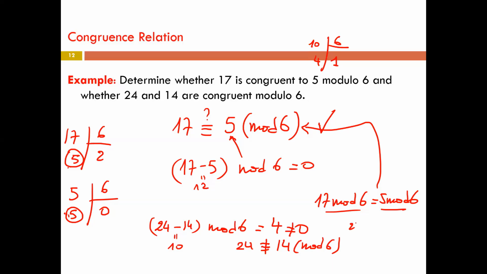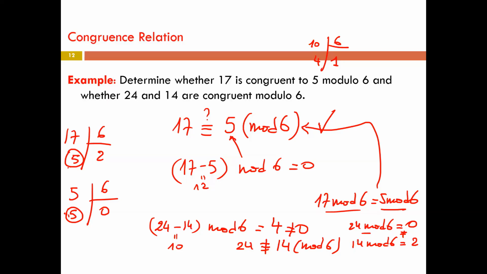Or, what is 24 mod 6? It is 0, because 6 divides 24, but 14 mod 6 is 2. So they are different, and 24 is not congruent to 14 mod 6.